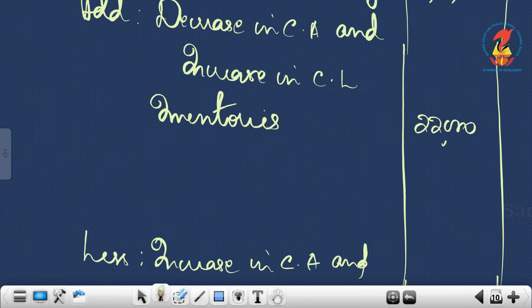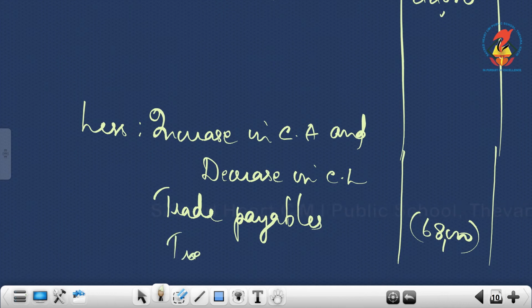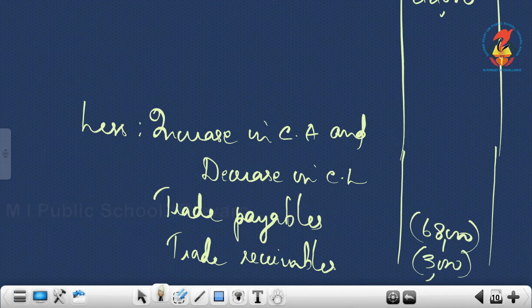Then trade receivables, we have last year 23, this year 26. So that is an increase in current assets. We will write it under less, that is trade receivables, less 3,000.